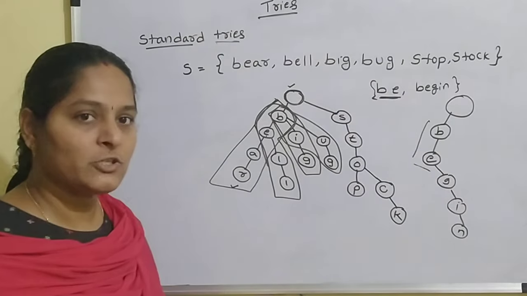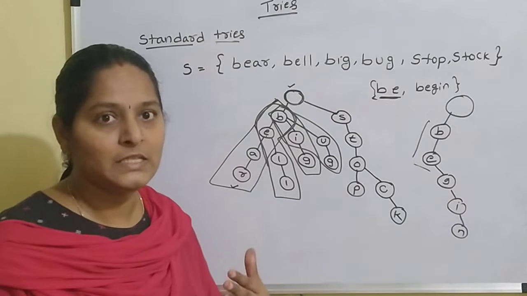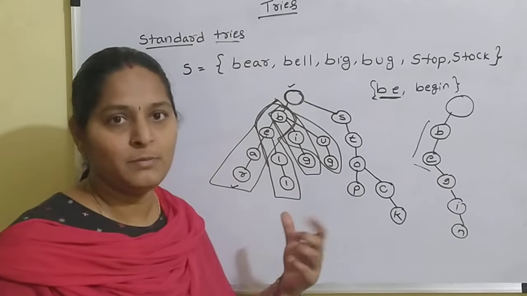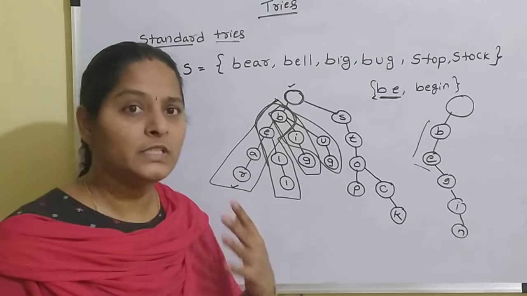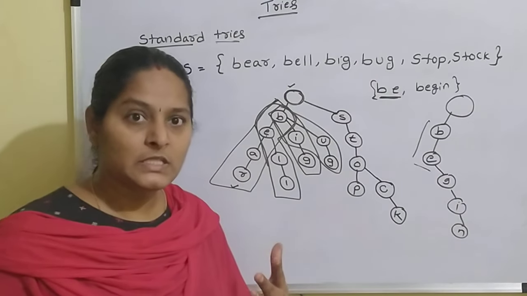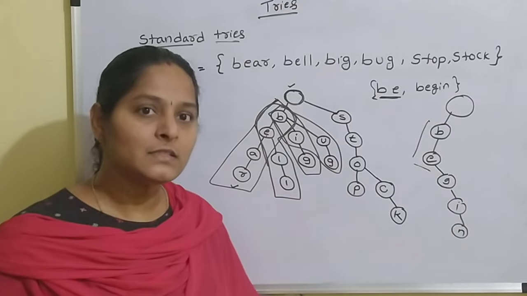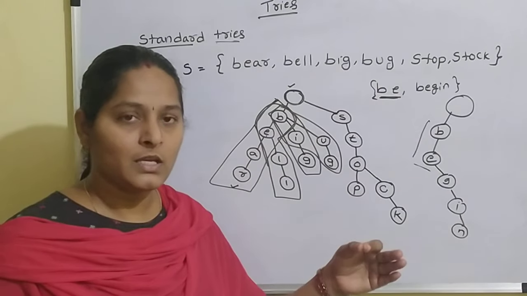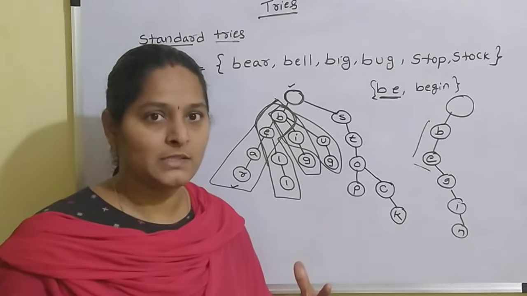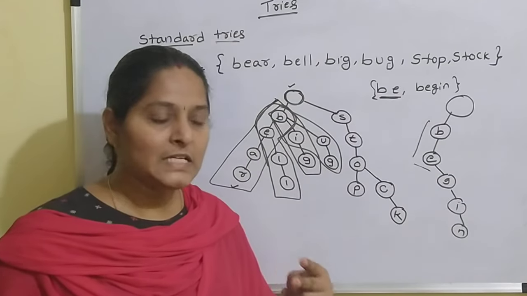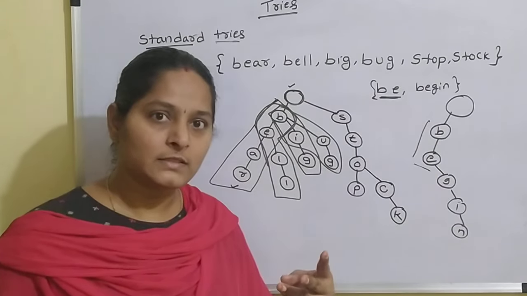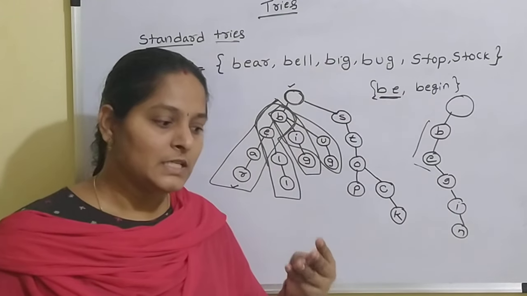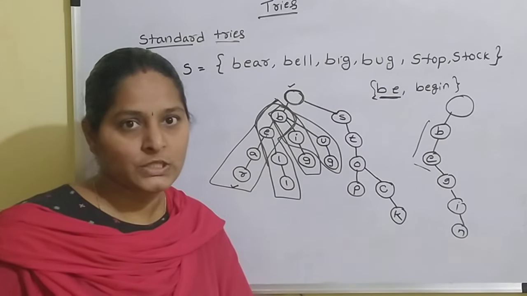Let us see the space complexity, how much memory will be allocated for this trie in the memory. So in the worst case, how many letters are there in the strings? Suppose you have two words in the set, each word having 3 letters. That means totally 6 letters will be there in 2 strings.